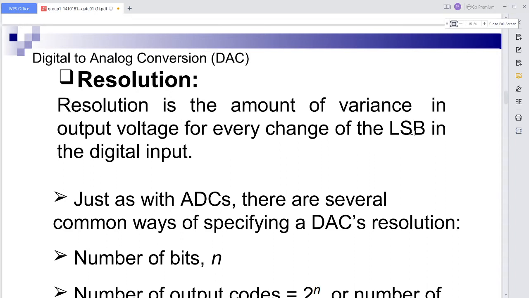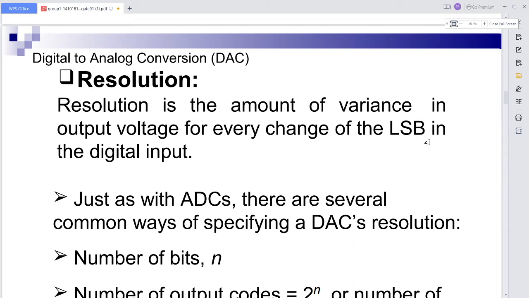In that digital data, we will find binary bits, in which we have the MSB bit and the LSB bit. MSB stands for most significant bit, as I explained in the last class, which has the more positional weight, and LSB stands for least significant bit, which has the least positional weight.